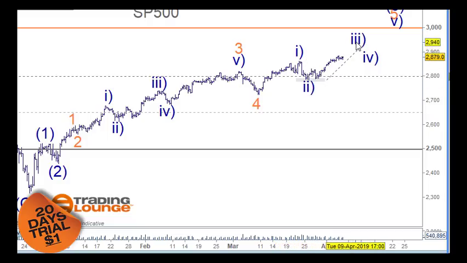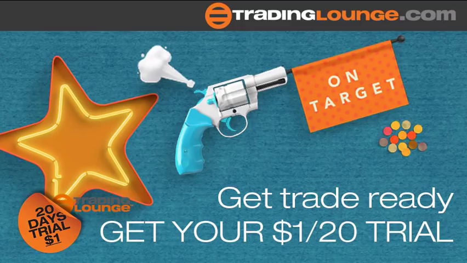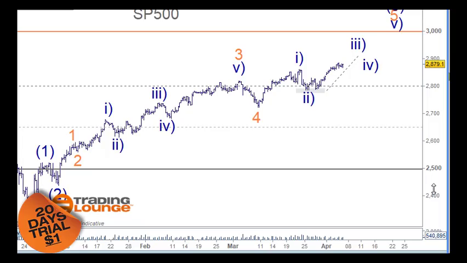So we'd need to see that move higher, of course. Wave 3 needs to be longer than wave 1 here. But this structure actually fits reasonably well. There's no overlapping wave structures, so we're tracking this one as well.